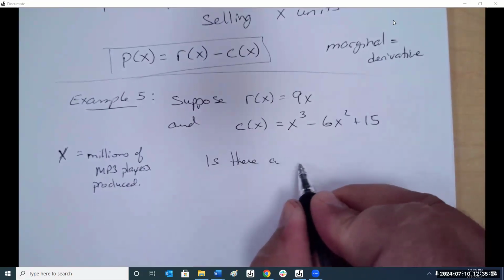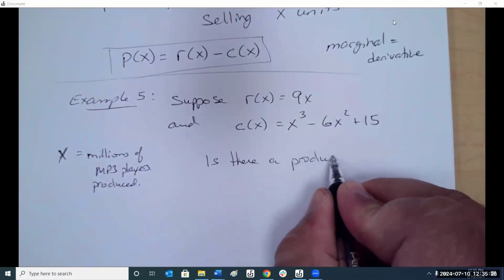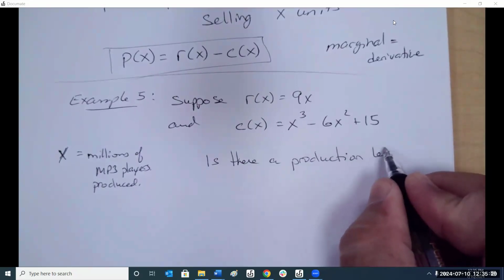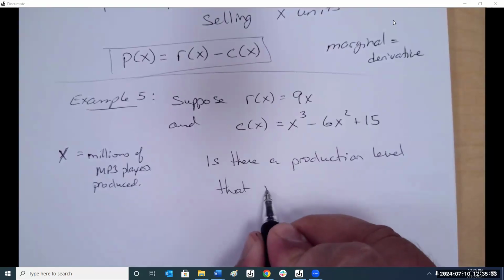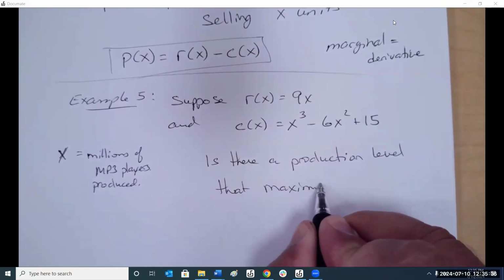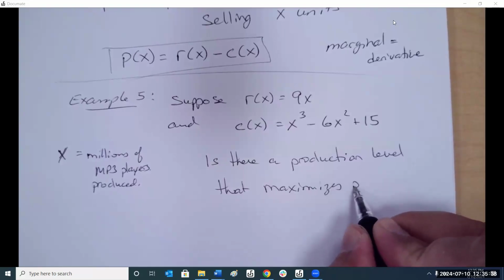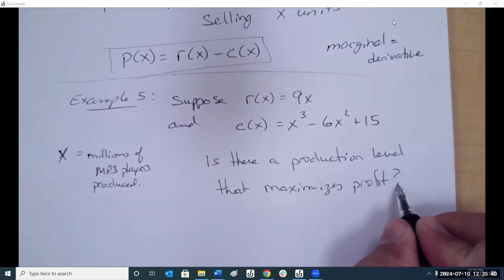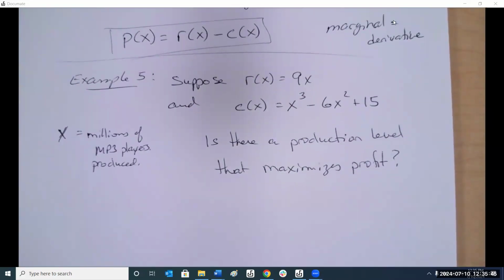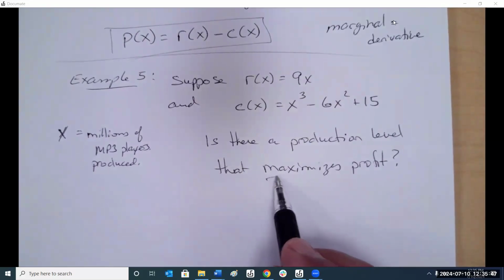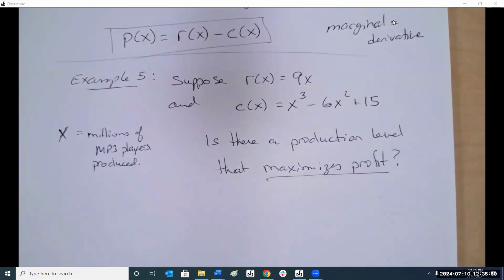Is there a production level that maximizes profit? Because it said maximizes profit, that tells us what? Extrema. So that means we're looking at the first derivative, right?